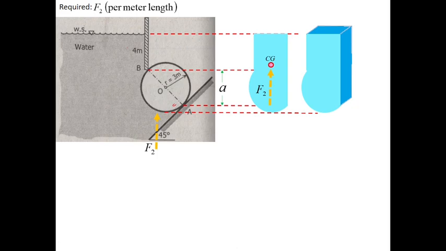So, next. Ito ay 1 meter, kasi per meter lang. So, we consider the specific weight of the liquid, then the area of the base. Ito yung area ng base natin na concern natin.